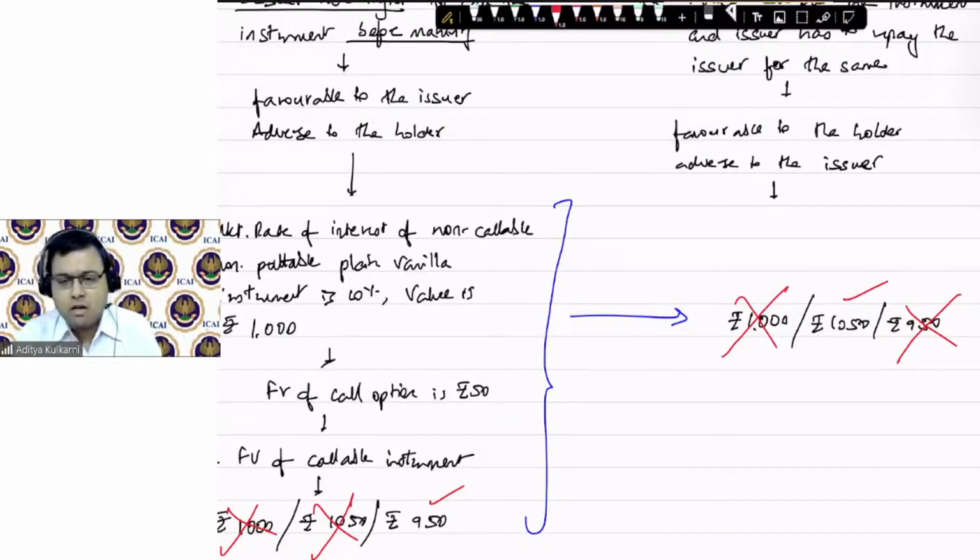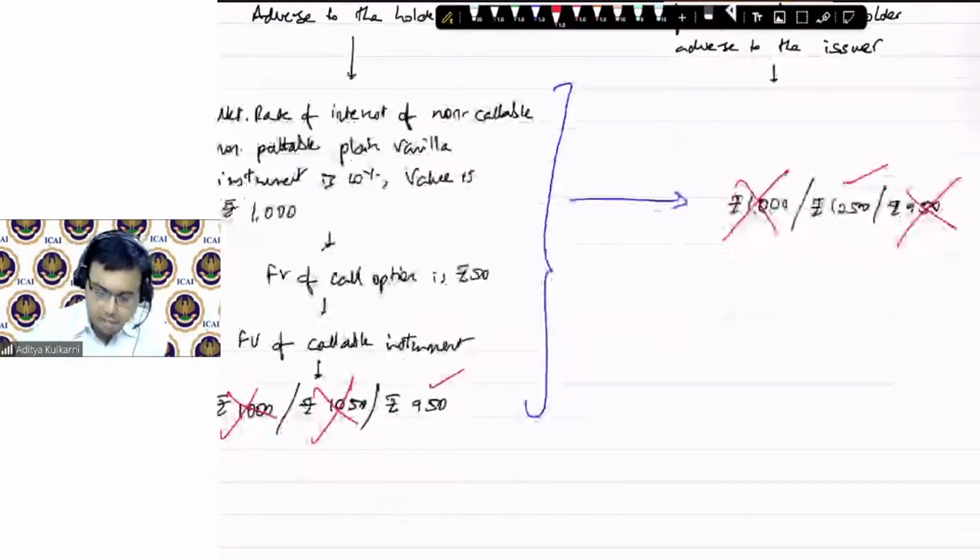So the sum total of this discussion is that in the question, when you are given callable or puttable instruments, what will you do? Step 1, do the initial split as it is, taking the market rate of interest of a plain vanilla instrument, which will be given in the question. And you will additionally be given the value of the call option or the put option.